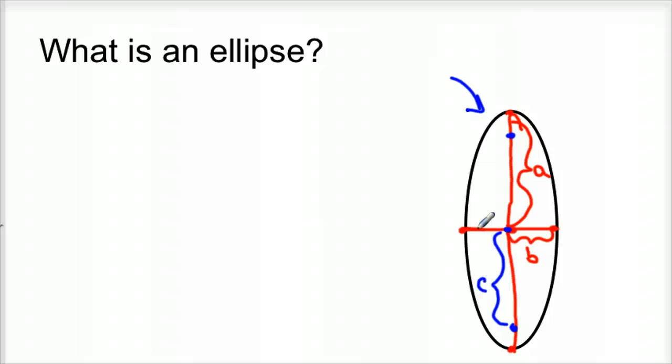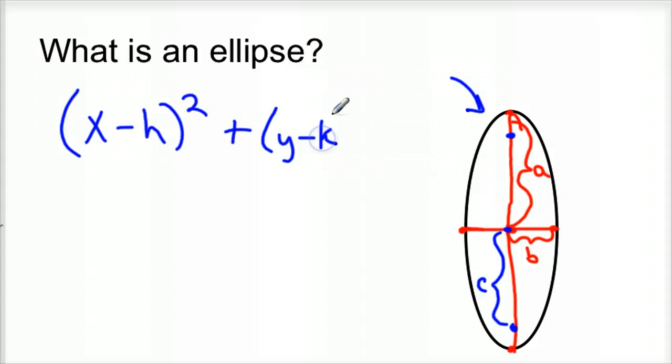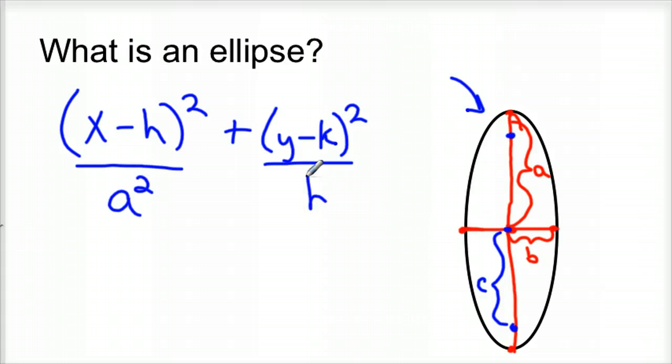And so to graph this, we have an equation that looks like this: (x minus h) squared over a squared, plus (y minus k) squared over b squared, equals 1. Now, I said a is the major axis.